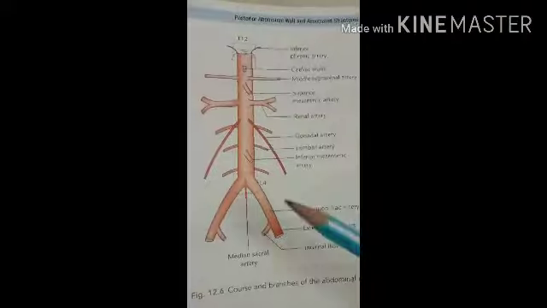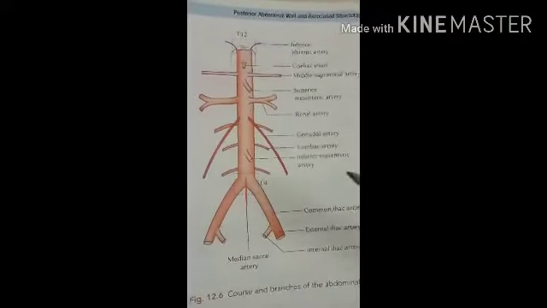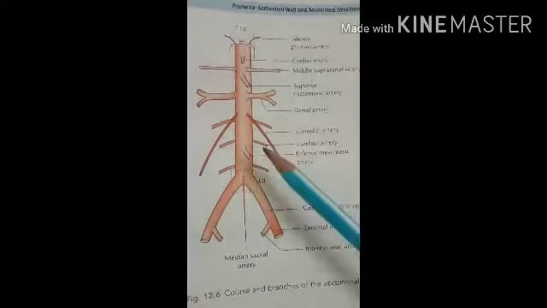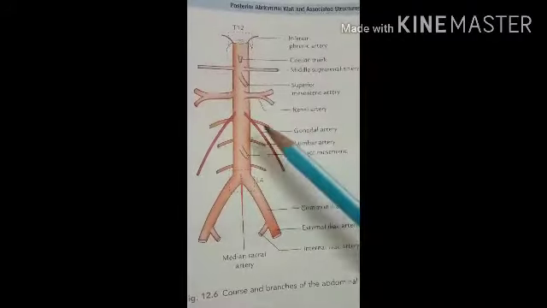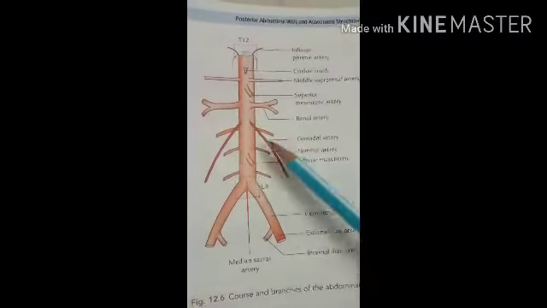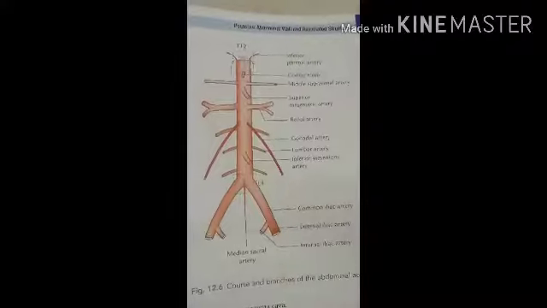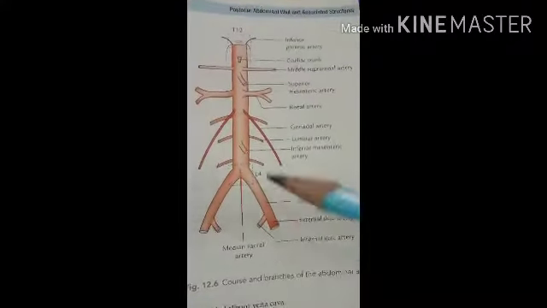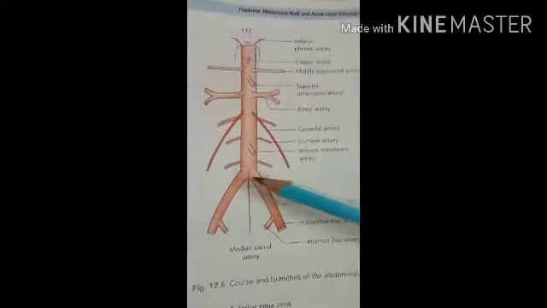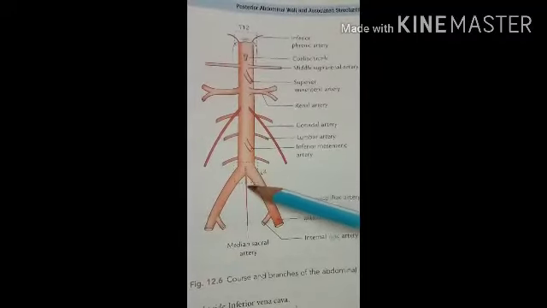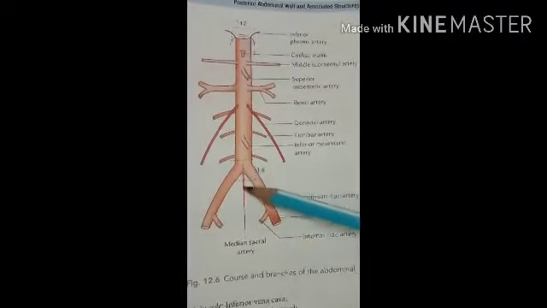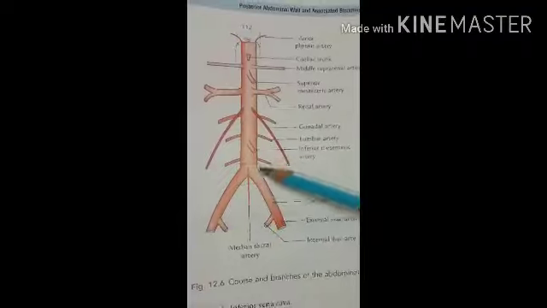Then on the posterolateral side, it forms the right and left lumbar arteries, this one. Then from the posterior surface of the abdominal aorta, it forms a single artery, the median sacral artery. Here you can see this one.